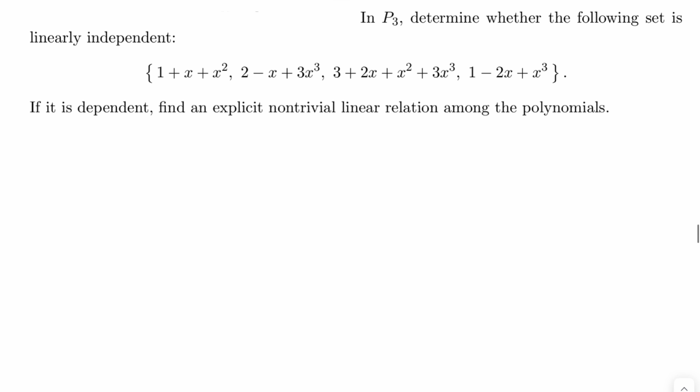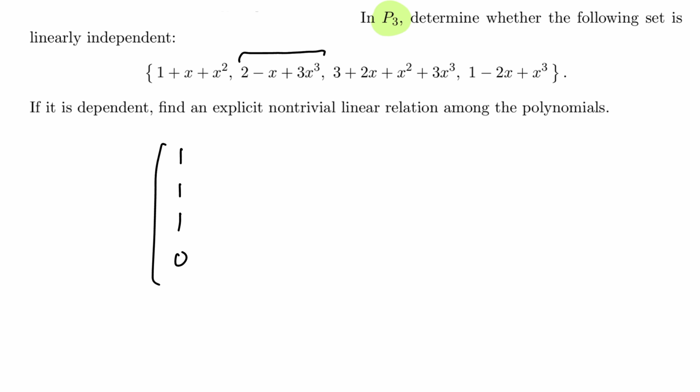In the next example, same idea. I have the set P3, a different combination of vectors, but we want to see whether this is linearly dependent or linearly independent. Going through the same process, I'm going to write this in terms of its matrix. So this will be 1, 1, 1, 0.